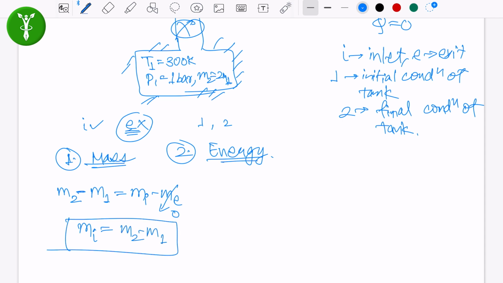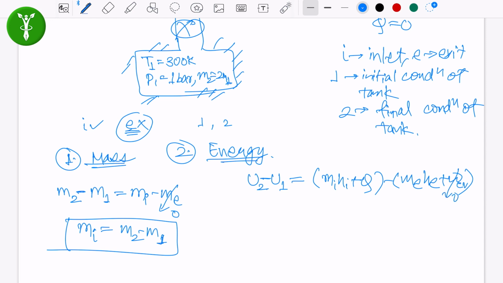Now the second thing is the law of conservation of energy, which will be u2 minus u1. This is a very reduced form because we have neglected the kinetic energy and potential energy. The whole expression we will see in class. So, mihi plus q minus mehe plus w by the control volume.